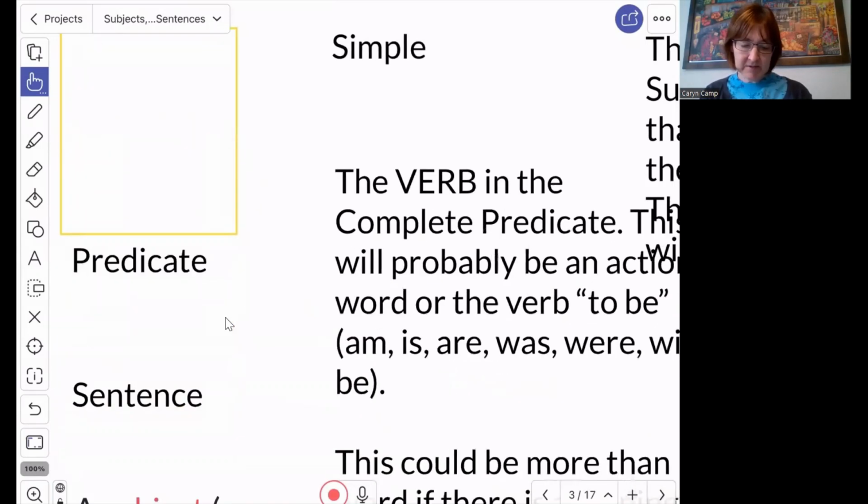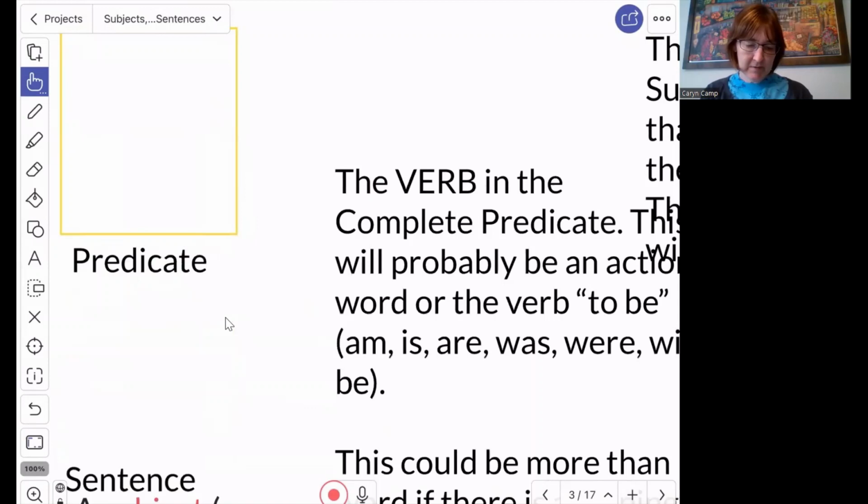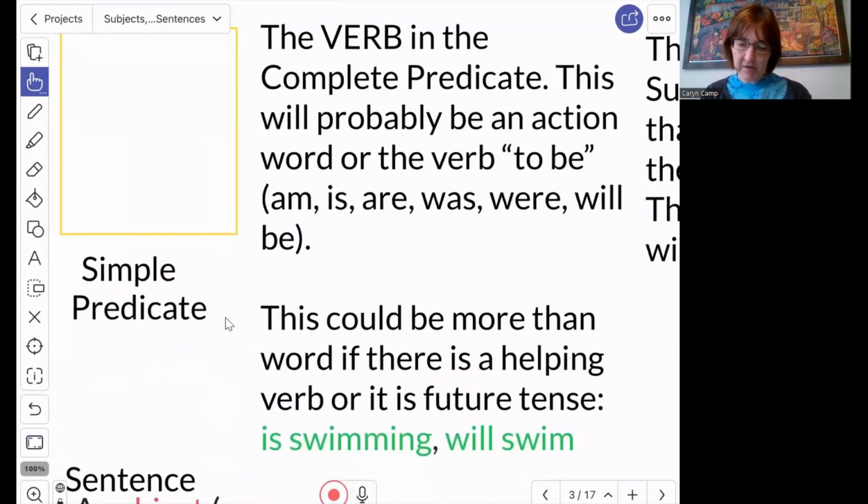All right, here comes the simple predicate. There we go, simple predicate. This is the verb in the complete predicate. This will probably be an action word or the verb to be. Am, is, are, was, were, will be. I should say here, let me fix this.